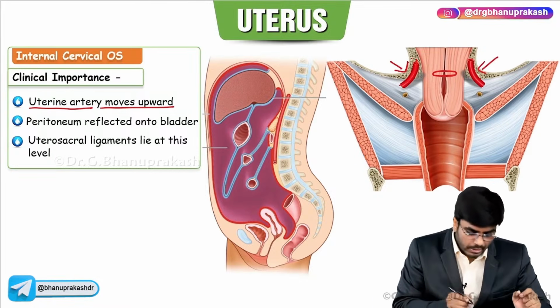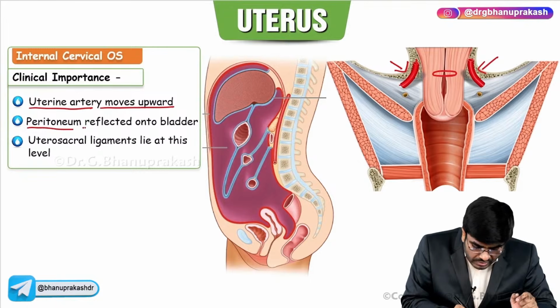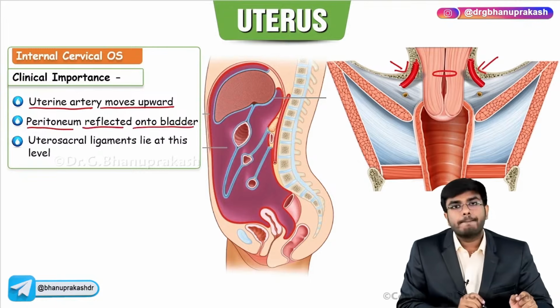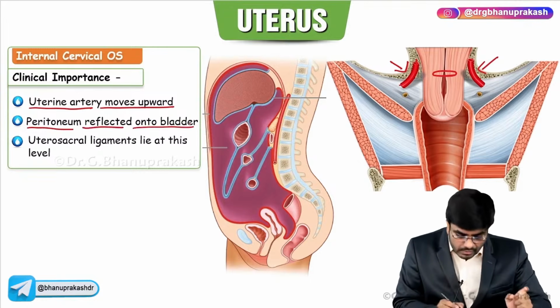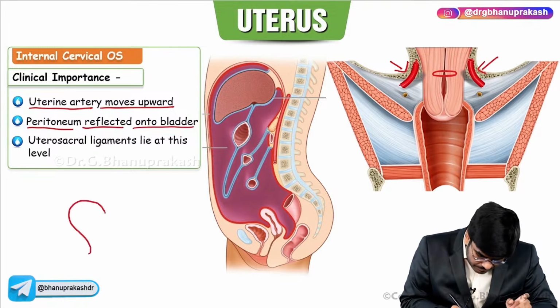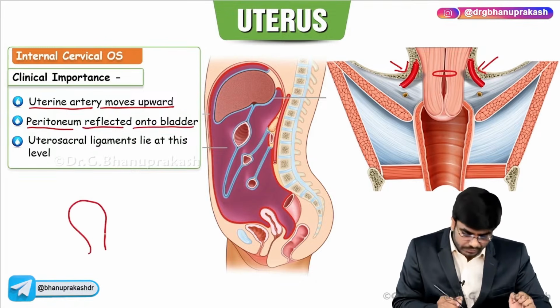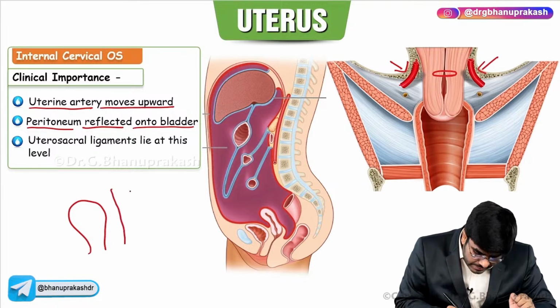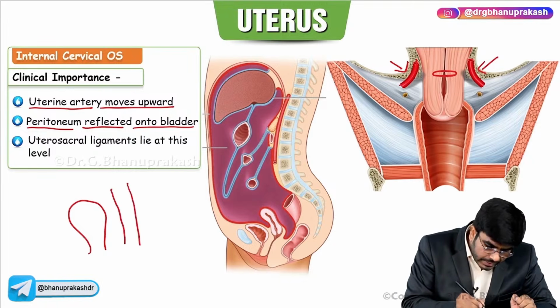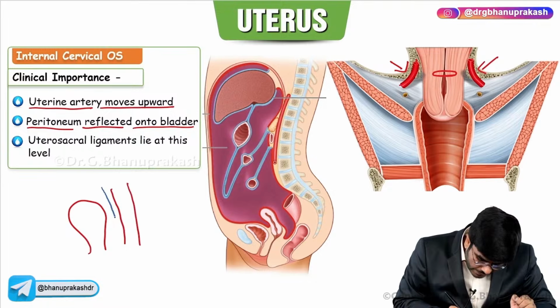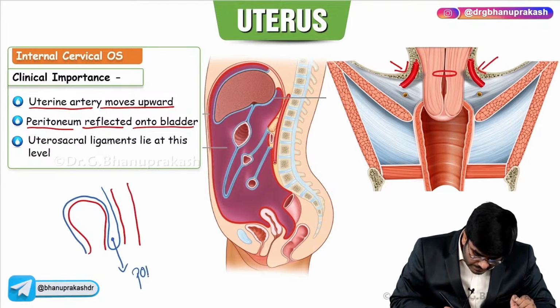Now the peritoneum is reflected onto the bladder. I have already discussed that. For example, this is the uterus, I am showing you a lateral view. Posteriorly there is the rectum, which has the peritoneal lining, and this peritoneal lining comes onto the uterus, creating the pouch of Douglas.